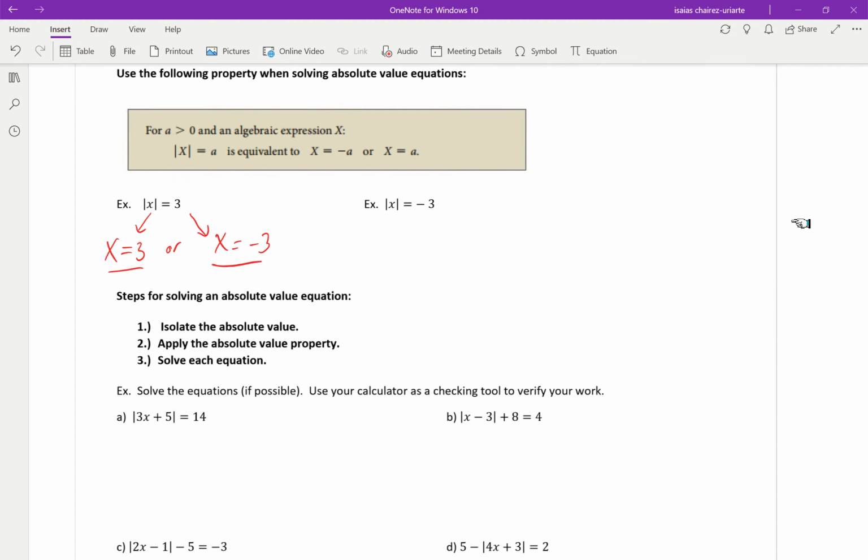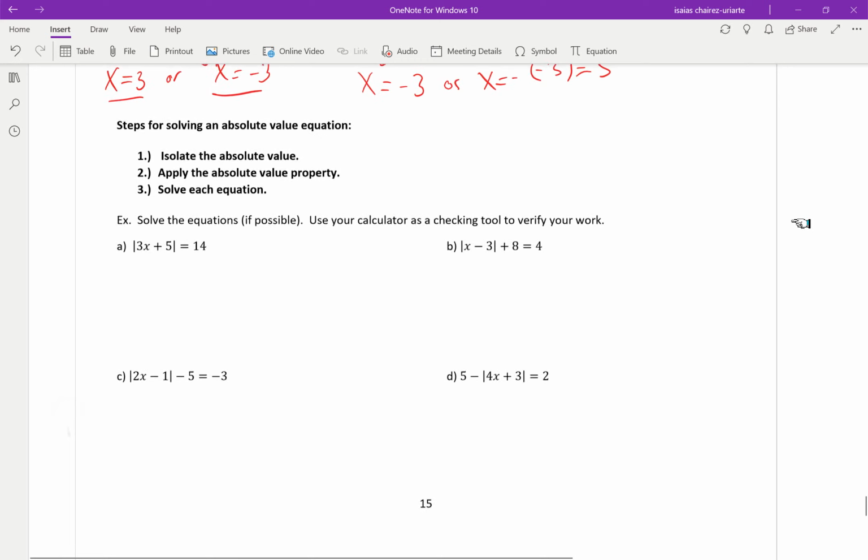And those are my solutions. This one over here might look a little tricky. Literally what happens is that you have x equals negative 3 or x equals negative of negative 3, and that just becomes positive 3. It's as easy as that, at least in these two particular examples.